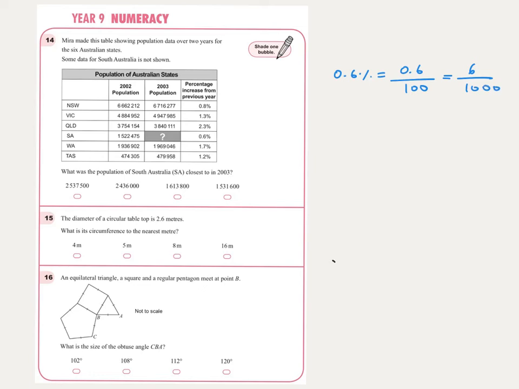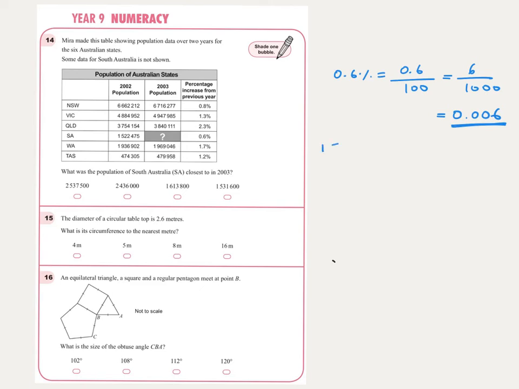And as a decimal it is 0.006. So this is the percentage increase from previous year converted into a decimal number.